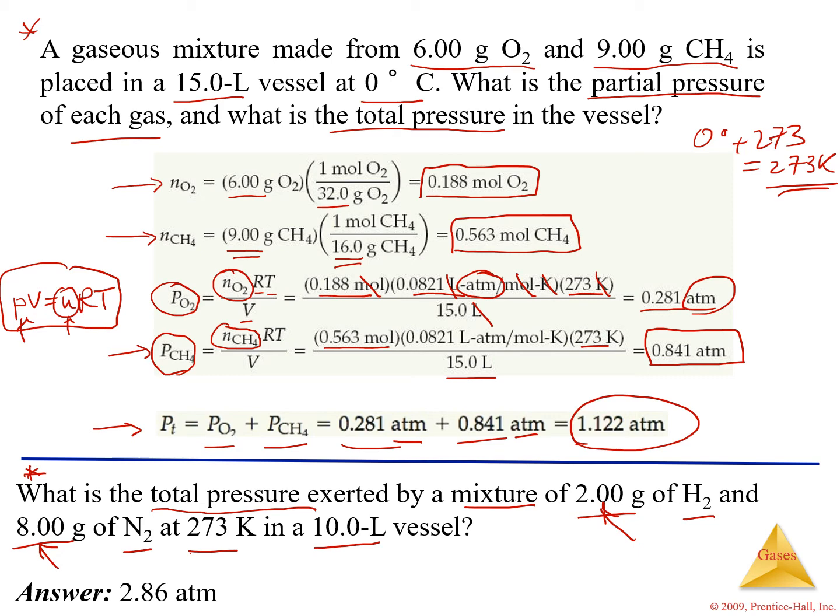The only difference is that now you have 10 liters for the volume. The temperature actually is the same, it's just given in kelvins. And if you use the R constant as is in these examples, you're going to calculate partial pressures of hydrogen and nitrogen, and then summing it up, you should get the answer as given here. So I'm just outlining the problem, but I didn't really show it to you. Make sure that you actually solve that problem as an exercise.